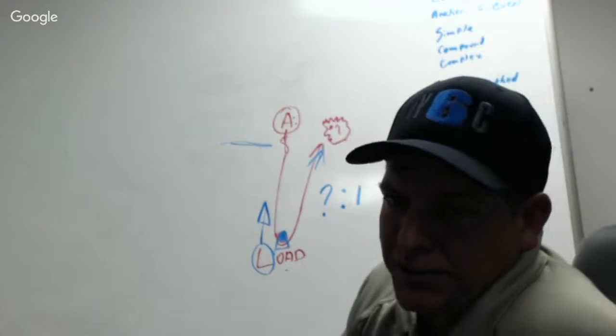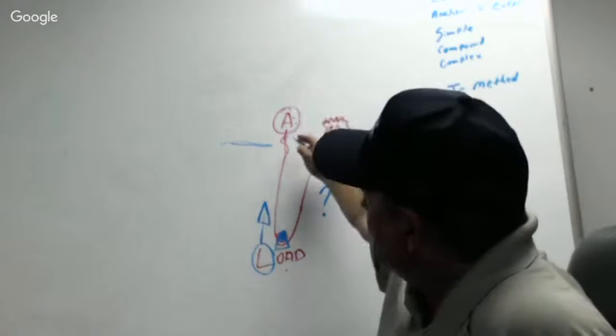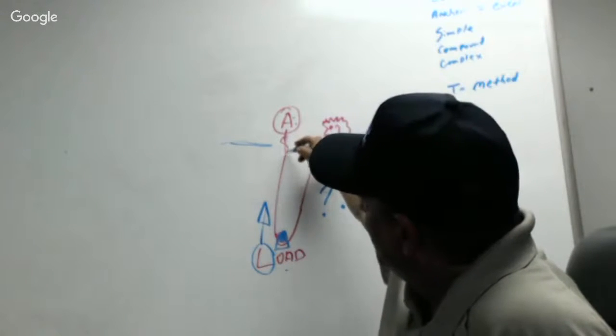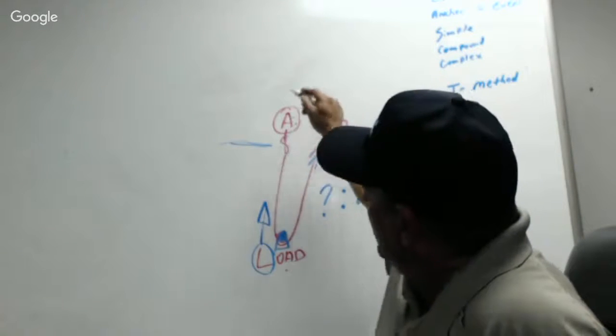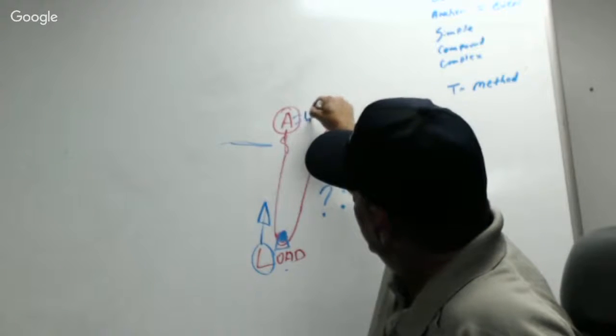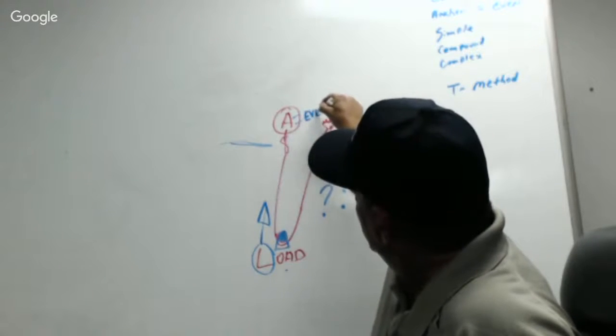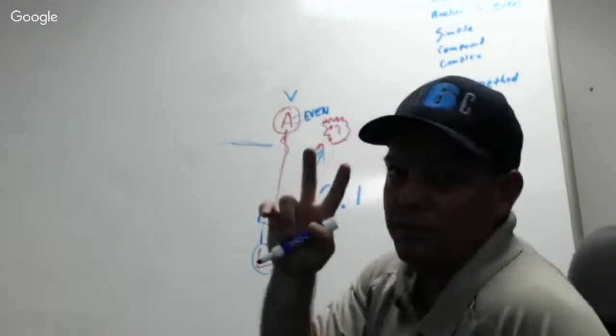So the first thing you want to ask yourself is where is it tied off? It's tied off at the anchor. See, that's the 8. That's the knot. Tied off at the anchor, which in turn equals even numbers. Remember when you turn an A over, it looks like a 2.